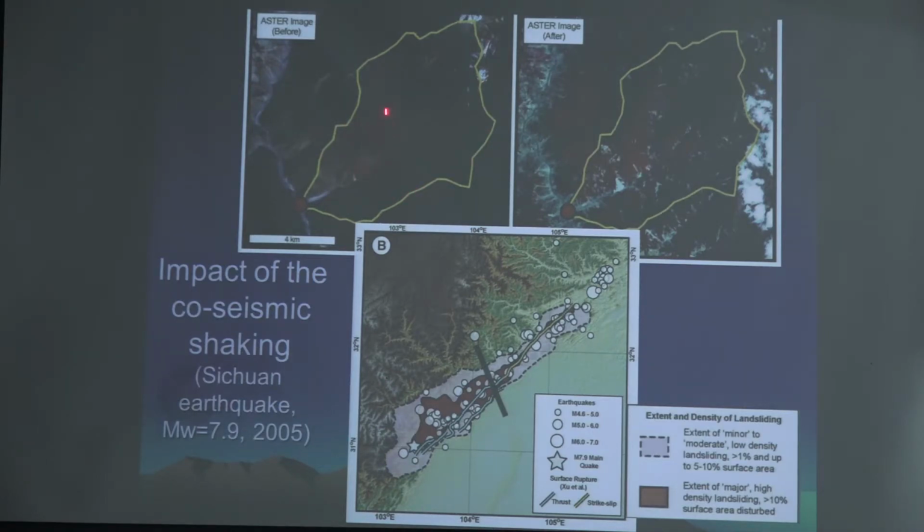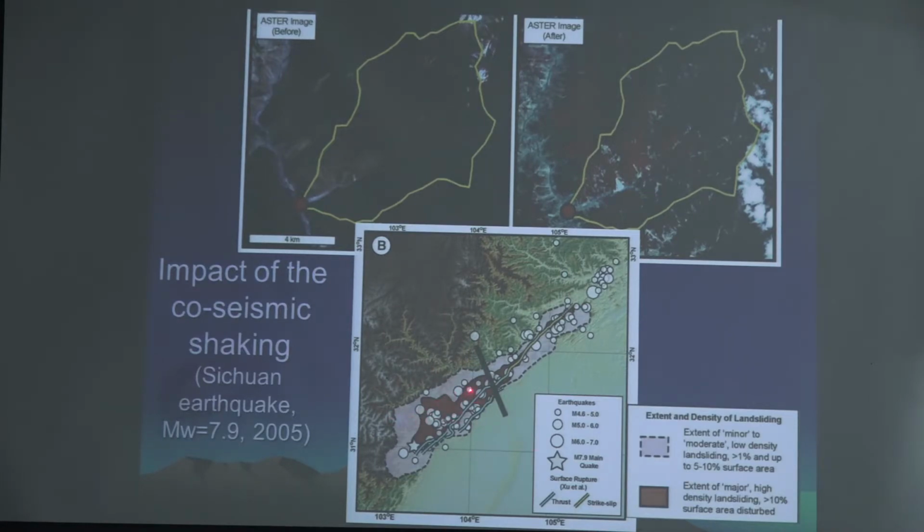The red color corresponds to the vegetation. And you see that the clear spot here corresponds to the unvegetated part, just the place where the vegetation has been stripped away by landslides. And I didn't put the author of this paper.